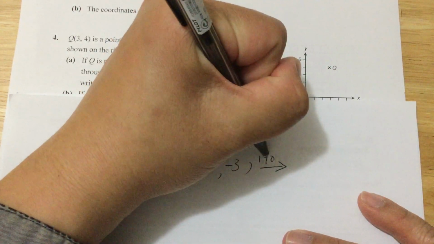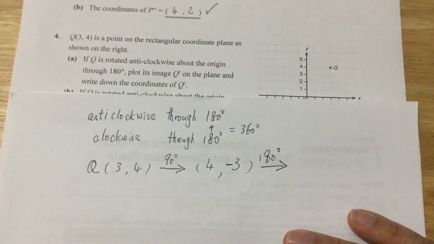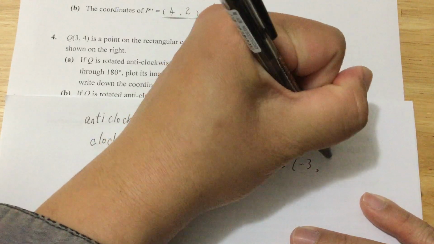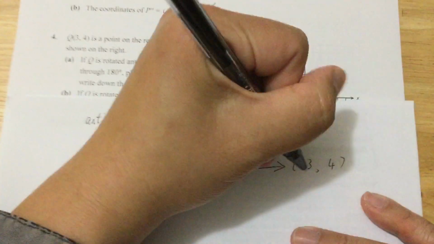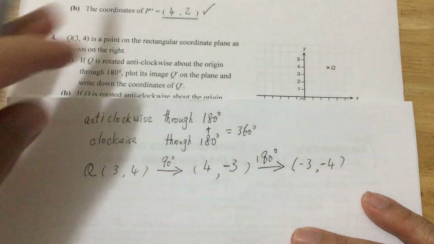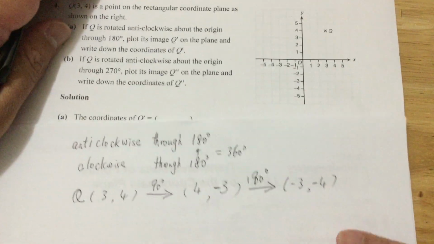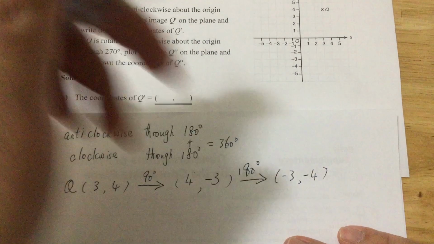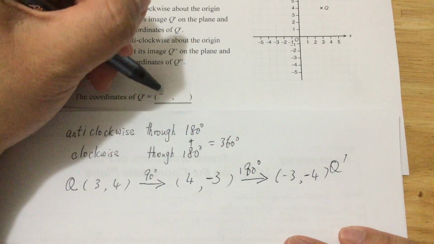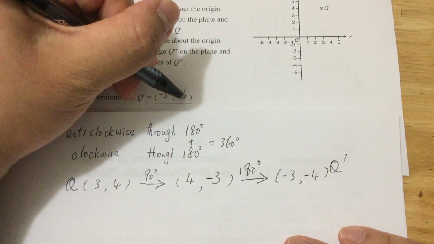That means 180 degrees. So what we can do is that you interchange these two numbers, -3 and 4, so that you add the negative side for the y coordinate. So this one is the answer for it. So the Q prime, the answer of it, is (-3, -4).